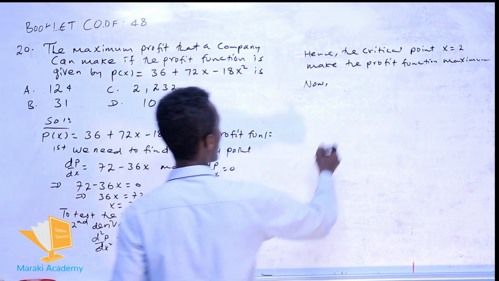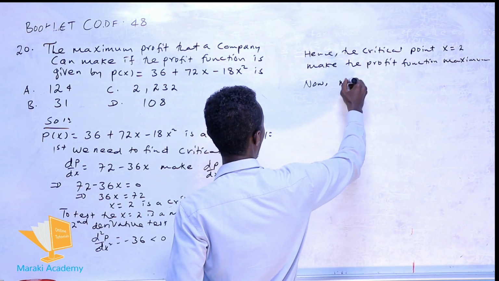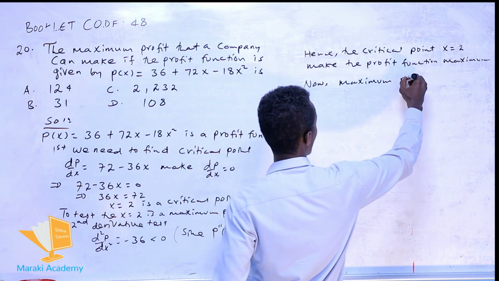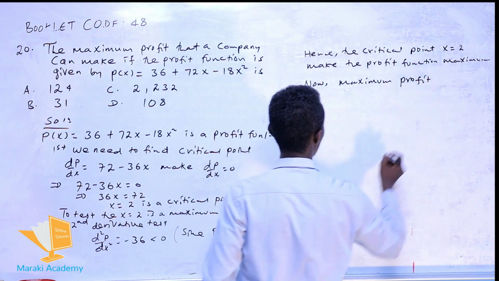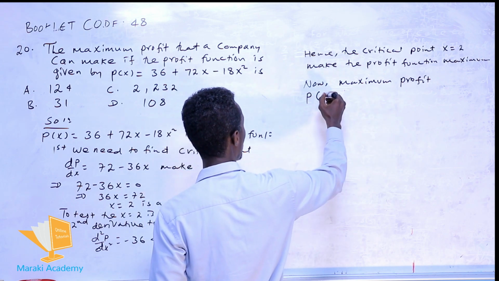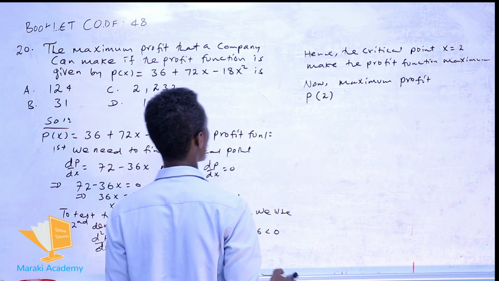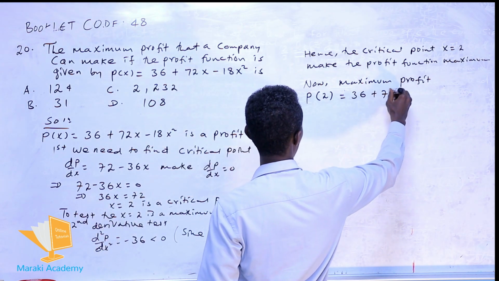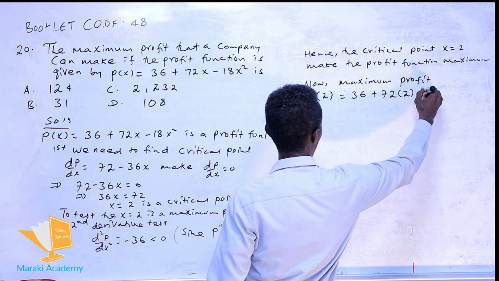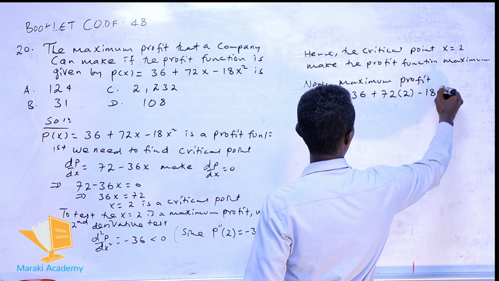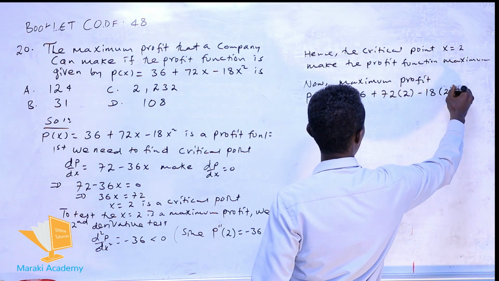So to find the maximum profit, we substitute the critical point into our function. P at point 2 means 36 plus 72 into 2 plus minus 18 into 2, the whole square.